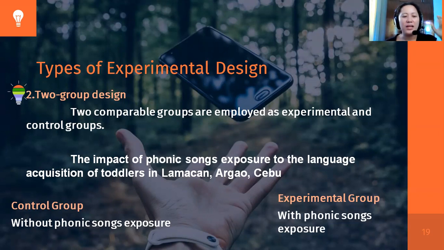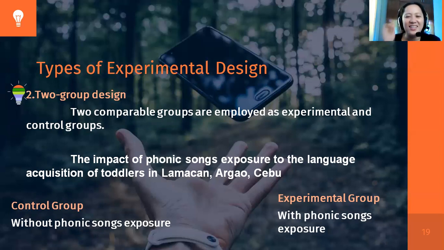So the control group, there is no treatment, no experimental treatment, but the experimental group, of course, from the word experimental group, they are being experimented with the exposure of phonic songs. So with that, you will try to see if there is an impact.